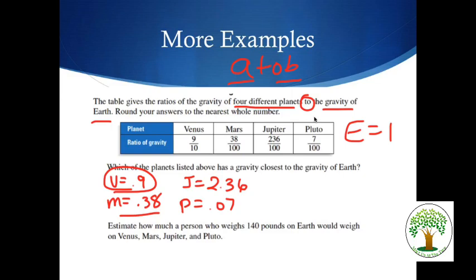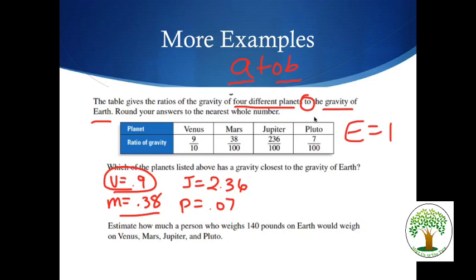Estimate how much a person who weighs 140 pounds on Earth would weigh on Venus, Mars, Jupiter, and Pluto. Let me explain something. When you step on the scale on Earth, Earth's gravity is pulling you down towards that scale and making the dial change.